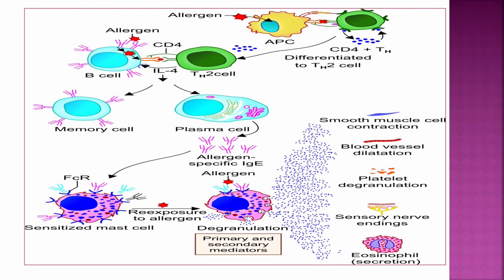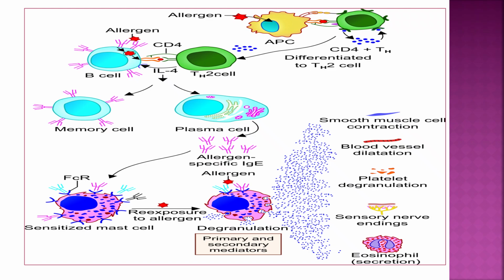The mechanism: the allergen gets exposed to the APC, that is the antigen presenting cell, then CD4 plus T helper cells differentiate into T helper 2 cells. T helper 2 cells then secrete interleukin 4, which sensitizes B cells. B cells convert into memory cells and plasma cells.